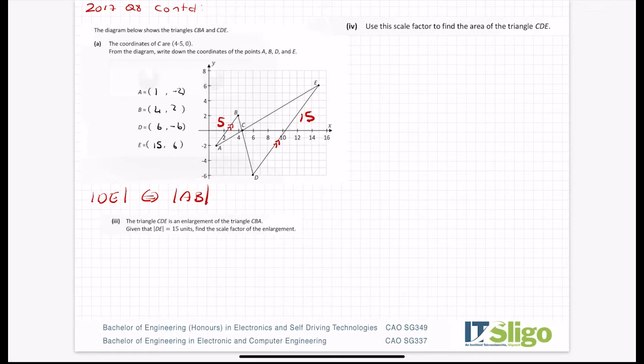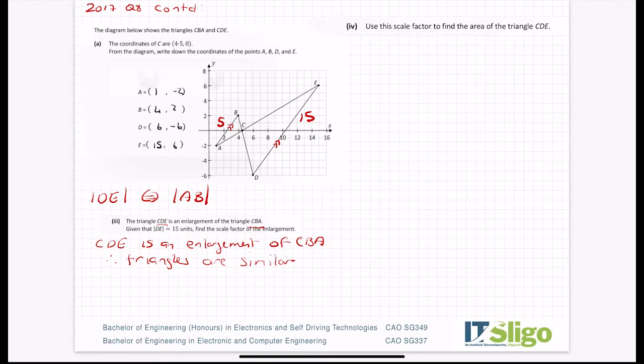So in other words, if CDE is an enlargement of CBA, then the triangles are similar. Okay, and similar triangles have the exact same angles, but their sides differ. So in other words, CDE is a blown up version of ABC, but the angles are the same, okay, and that's important.